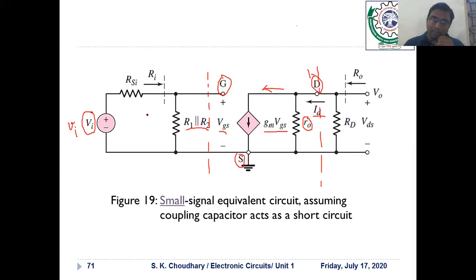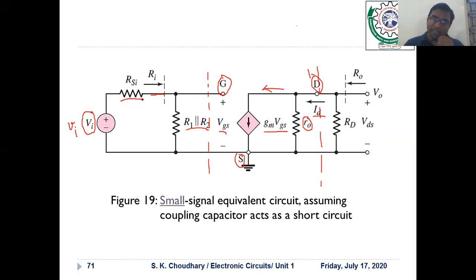On the left-hand side you can see a capacitor CC1, the coupling capacitor. The capacitor acts as a short circuit here, so it is not indicated in the small signal equivalent circuit; it is shown as a short circuit. Now the left side of the coupling capacitor is the source resistance RSI, a very small value.